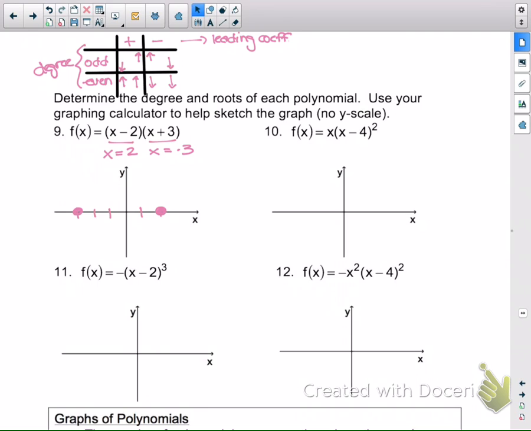If I don't want to multiply this together, how do I find the degree? Add the exponents. That's x to the first and x to the first. There's 2 parentheses, 2 zeros. That means what degree? Second degree. And is there any number out front? No, that means my leading coefficient, which we're going to abbreviate LC, is what? Positive 1. We don't really care what number it is.